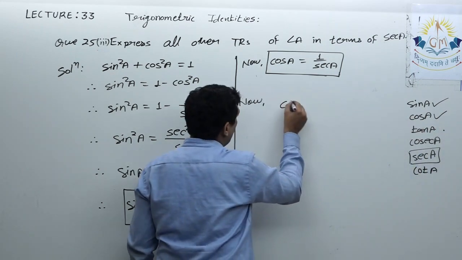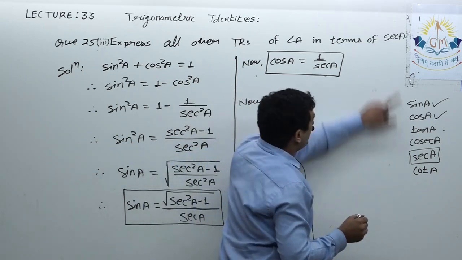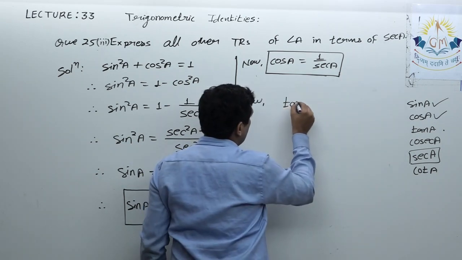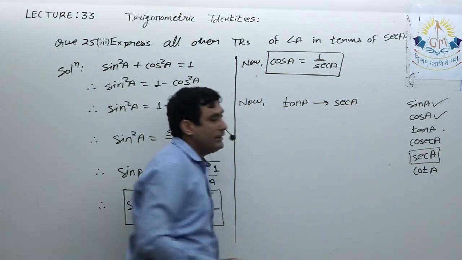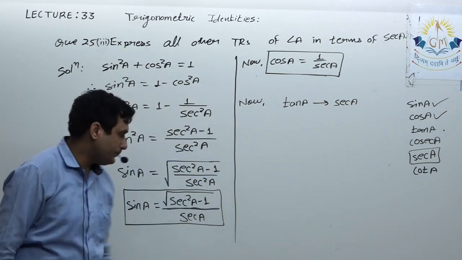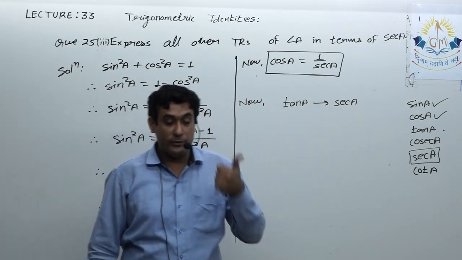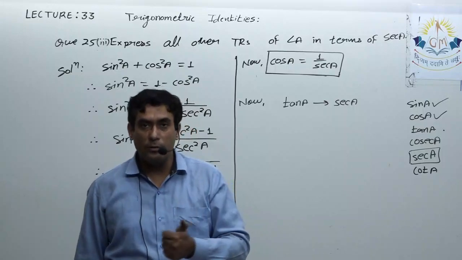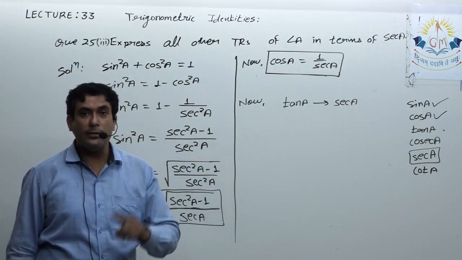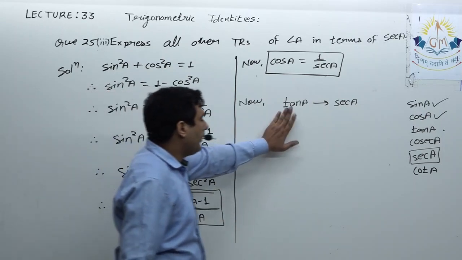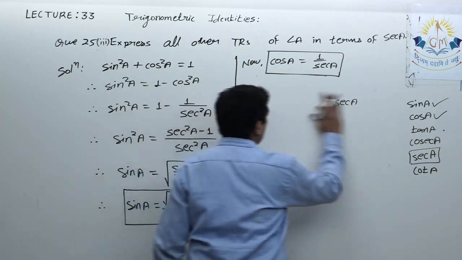Now again I write first this. Because I need a relation between tan A and sec A, is there any direct relation between tan and sec? If you remember the identities, the first one was sin square A plus cos square A is equal to 1. The second one was 1 plus tan square A is equal to sec square A. So yes, there is a direct relation between these two, and we'll use that relation directly.